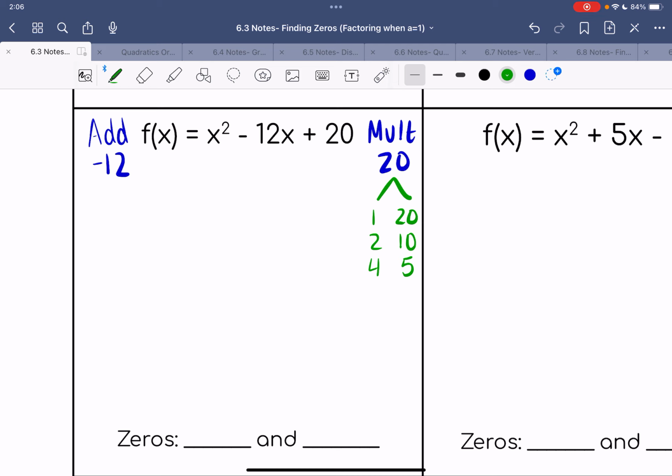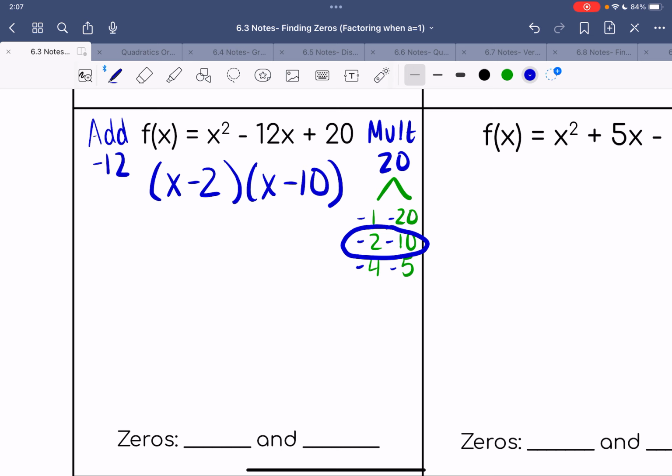In order to multiply to be a positive, but add to be a negative, we are going to need to use two numbers that are both negative. So I'm going to make everybody negative. And the ones that add to negative 12 are negative 2 and negative 10. So I have a factored form of x minus 2 times x minus 10.